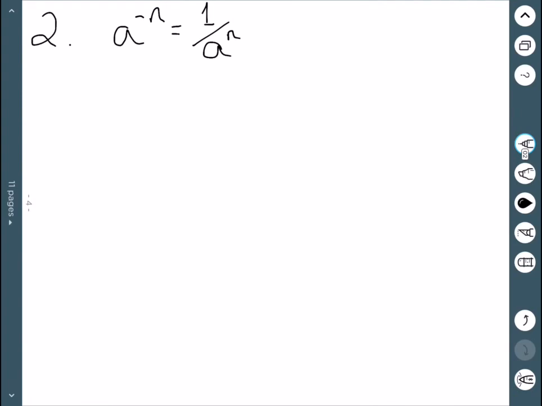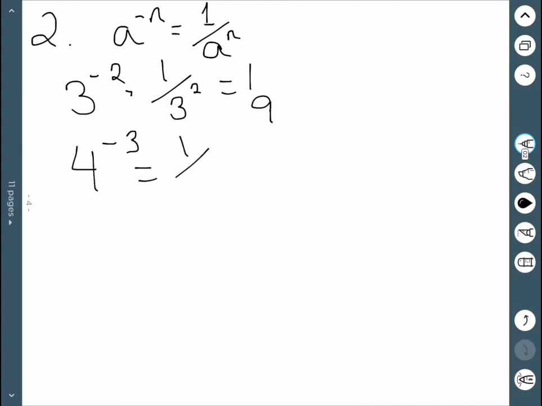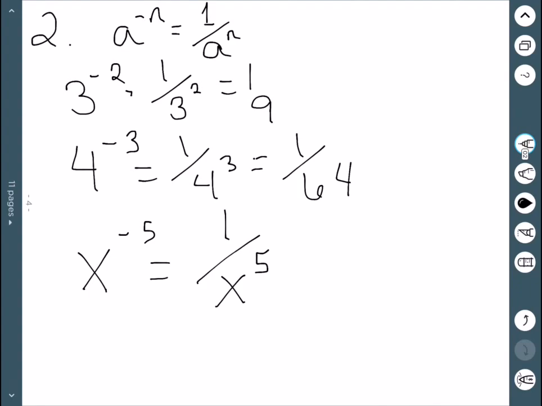For example, 3 to the negative 2 is 1 over 3 squared, which is 1 over 9. 4 to the negative 3 is the same thing as 1 over 4 cubed, which is 1 over 64. X to the negative 5 would be 1 over x to the fifth.